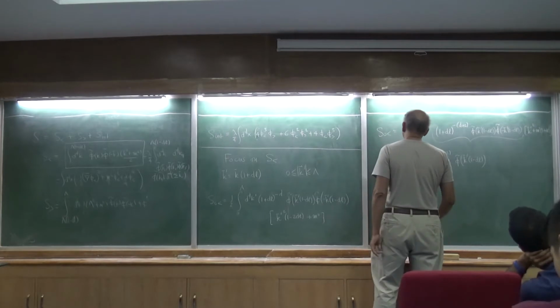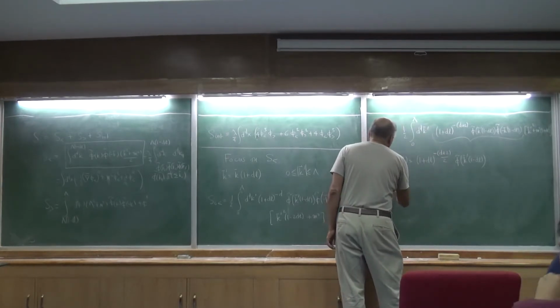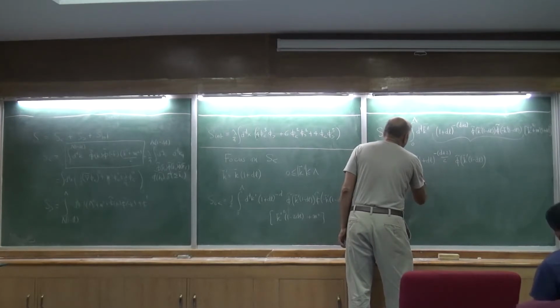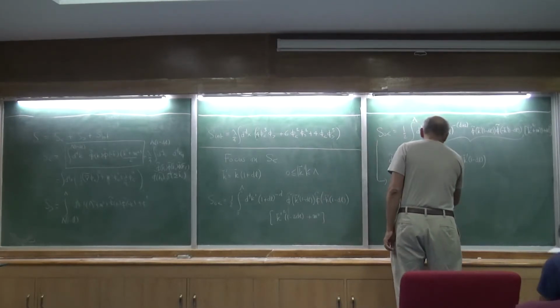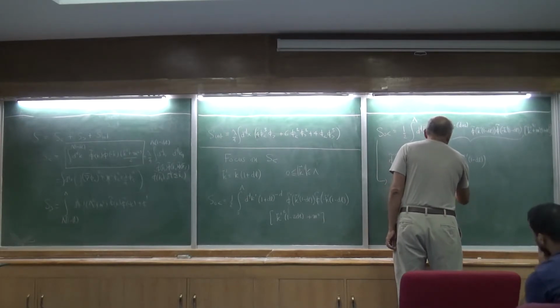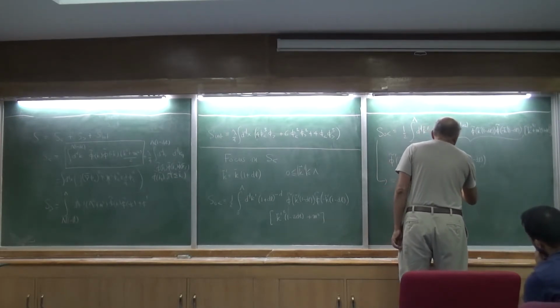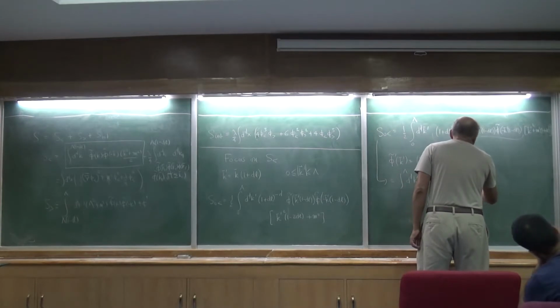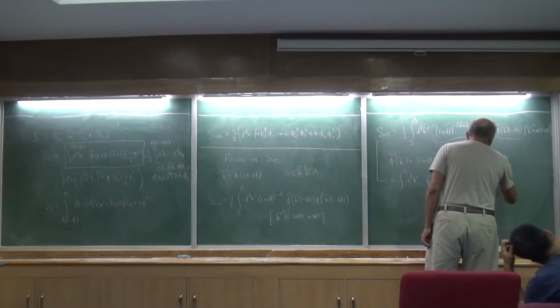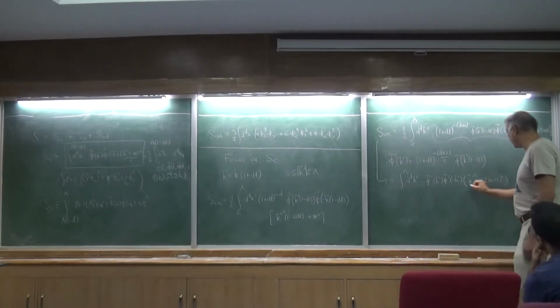So once I define that, what I find is this guy looks like the integral up to lambda d to the dk prime, and then I have a phi tilde prime k prime, phi tilde prime minus k prime, times k prime squared plus m squared 1 plus dl squared, times a half.